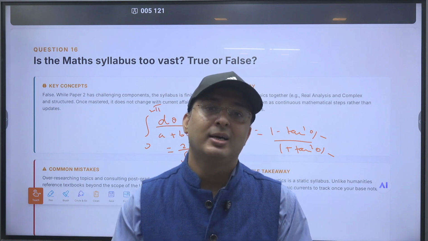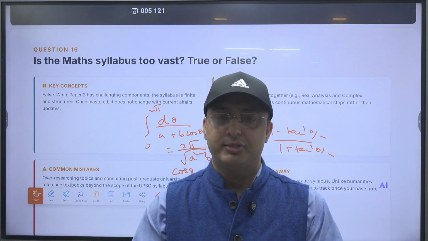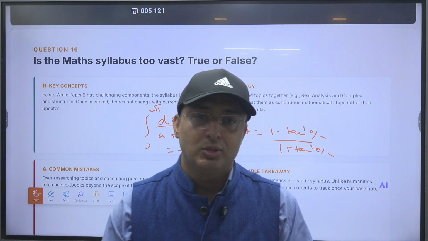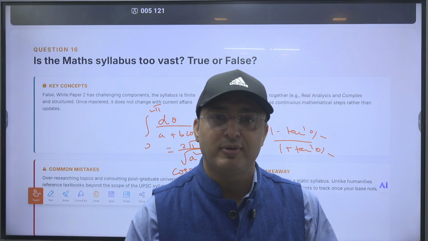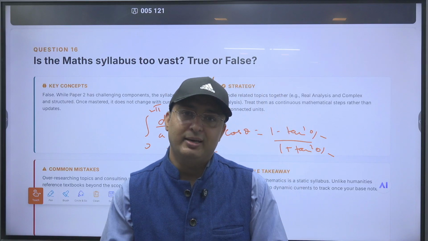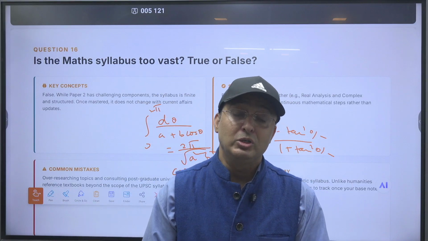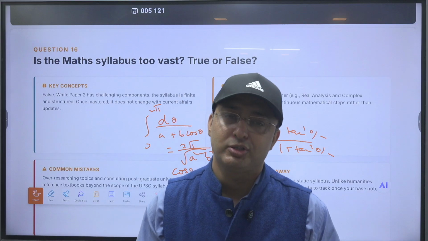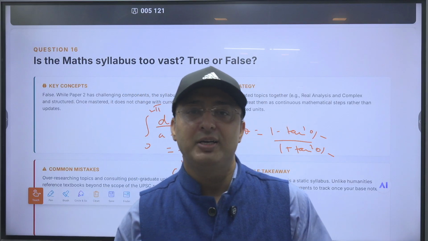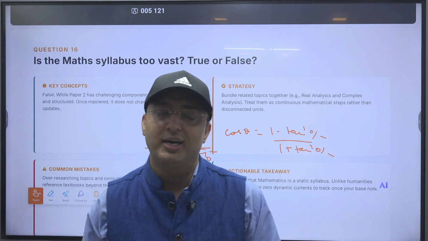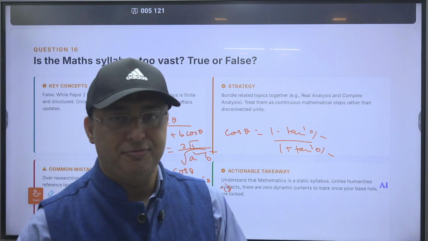If you start connecting a lot of dots, then you are in a better position in the examination. Otherwise, you are just mugging up formulas, having your own bunch of questions, and you are not going to understand the nitty-gritty of the question or the level of the examination, and you are left high and dry.